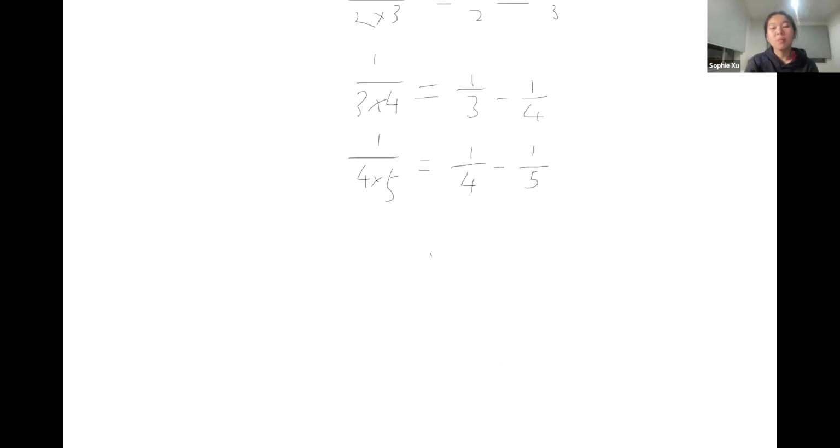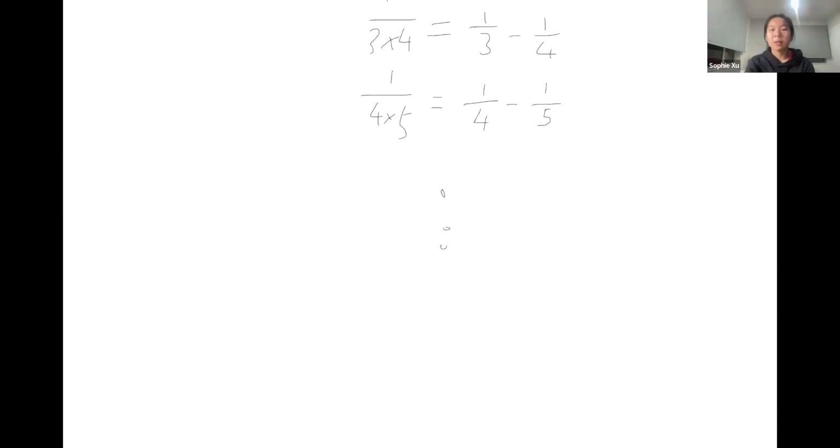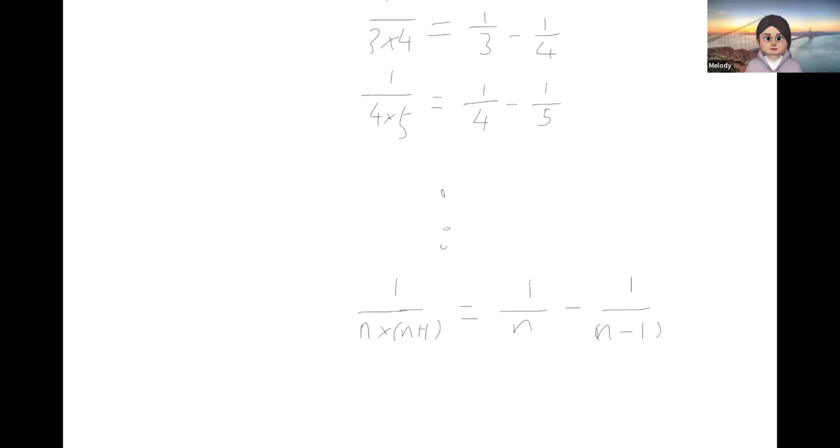Do you want to write the nth term, or like n minus 1 or n plus 1?